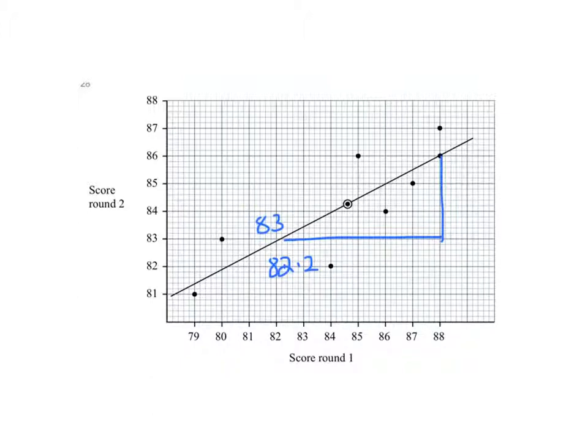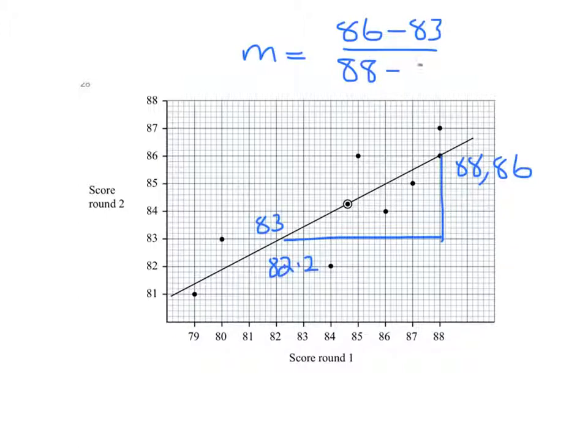And here we have 88, 86. So the gradient is the difference in the y's, so that is 86 take away 83 divided by the difference in the x's, and that is 88 minus 82.2, which gives us 0.517.